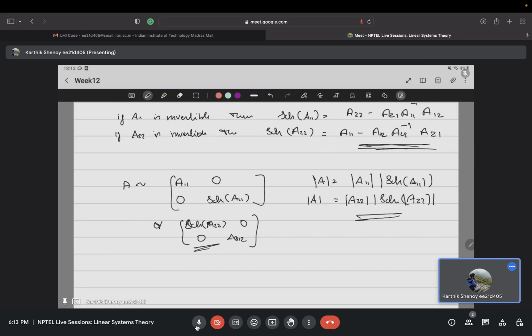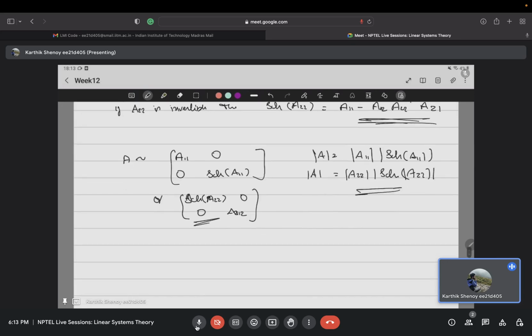Okay. By equivalence, we say there exist two invertible matrices, Q and P, such that B equals Q inverse A P, which implies B is equivalent to A. So, it is a special case of transformations.